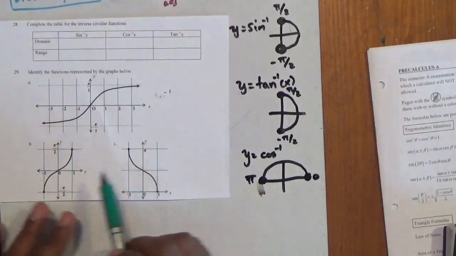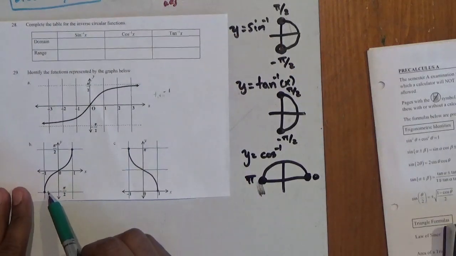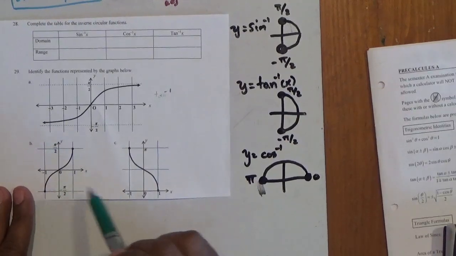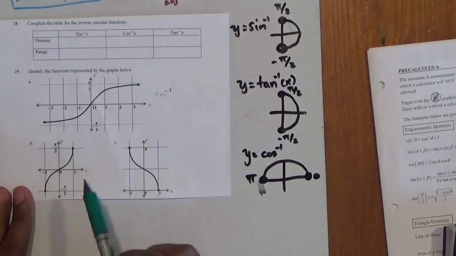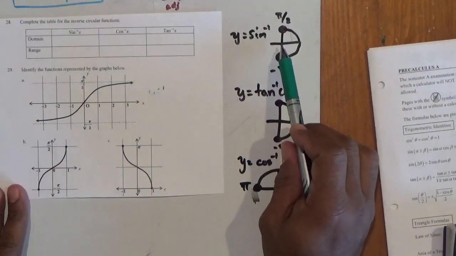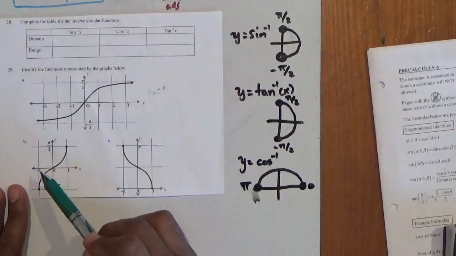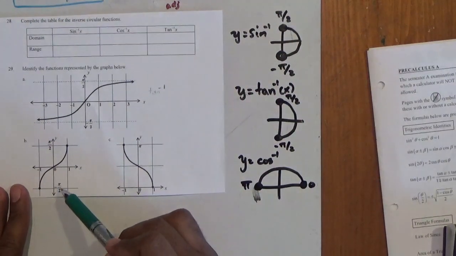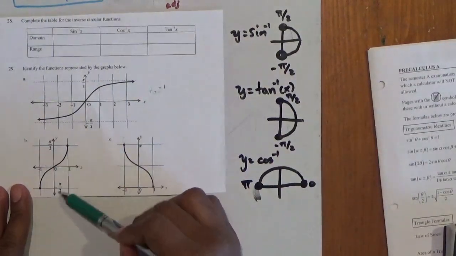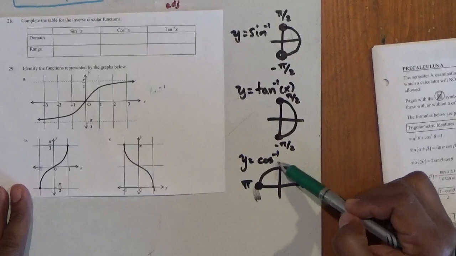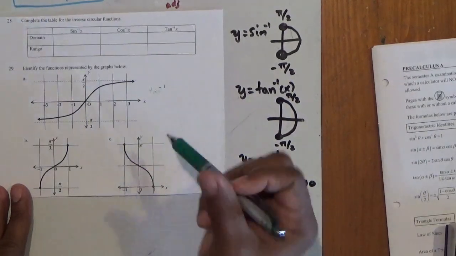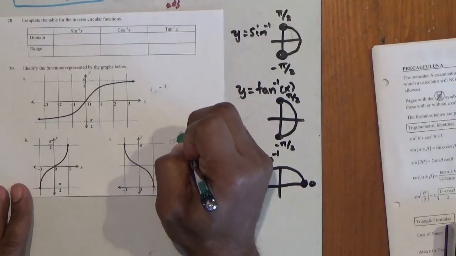With this one, both inverse cosine and inverse sine go from -1 to 1. But inverse sine values are from negative pi over 2 to pi over 2, and inverse cosine values go from 0 up to pi. So this lets us know that this one is inverse cosine.